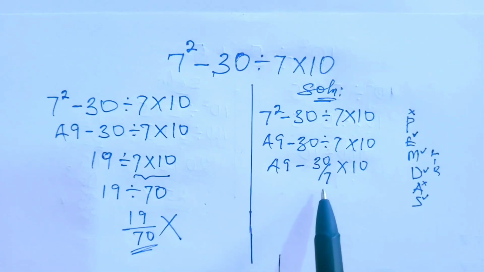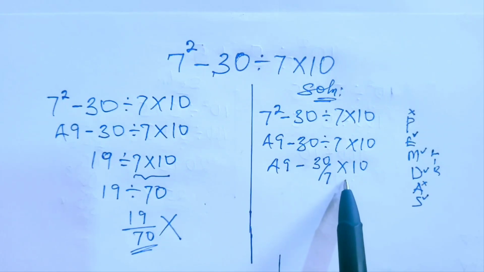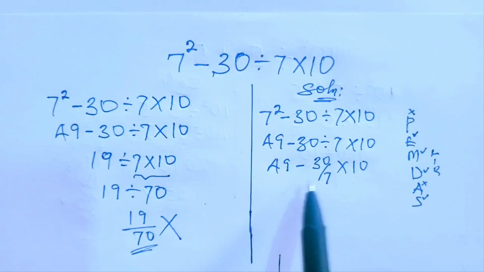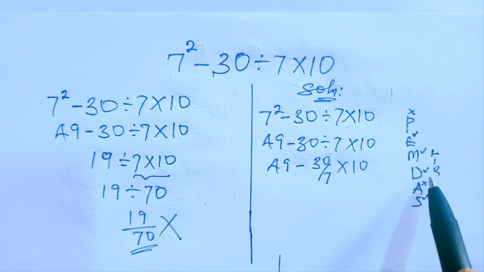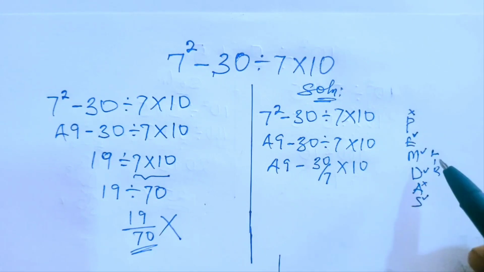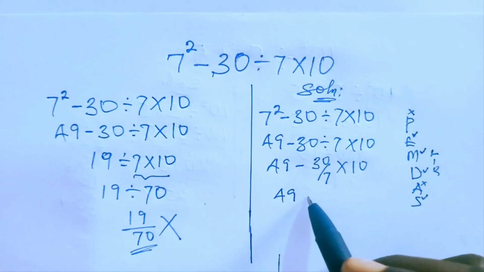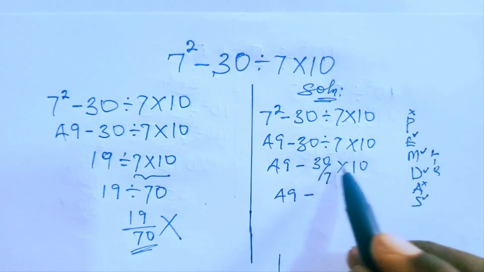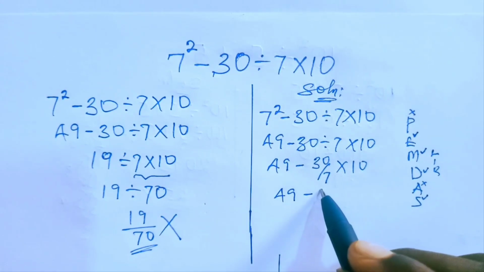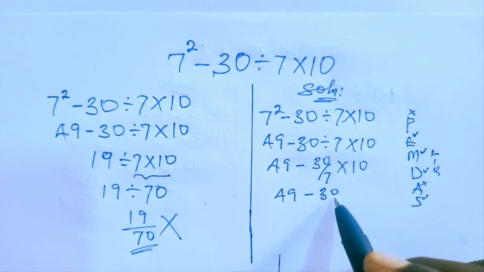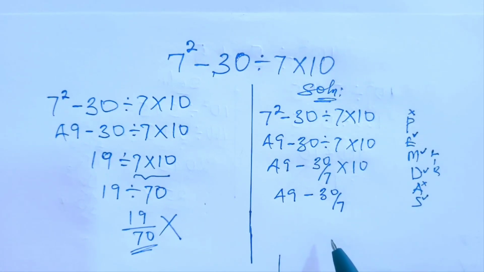Then we consider multiplication before subtraction, because multiplication is of higher priority than subtraction. Now we have 49 minus 10 times 30 over 7, which gives us 300 all over 7.